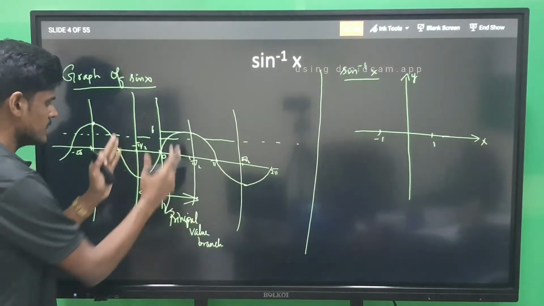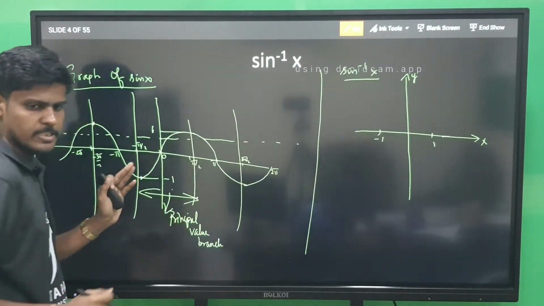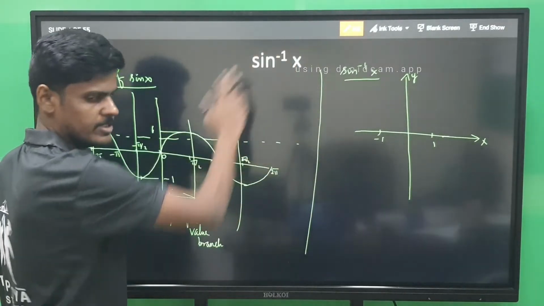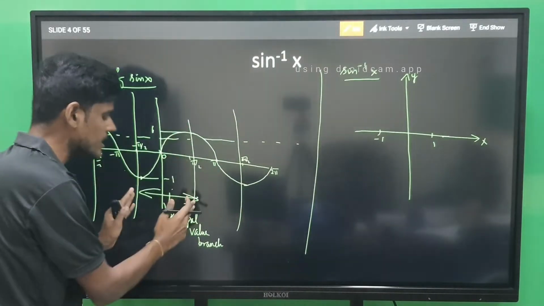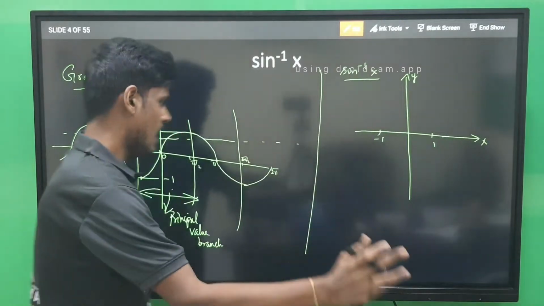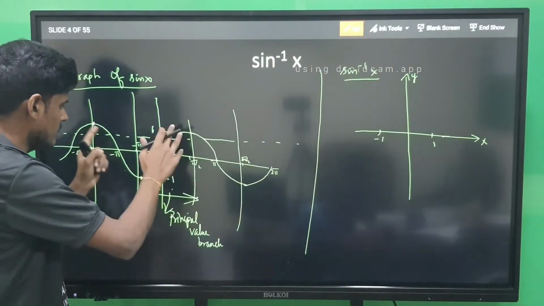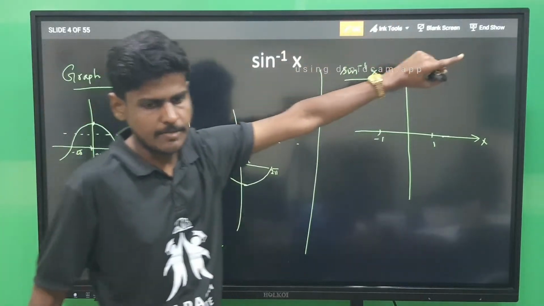Now what we do is take this principal value branch and find the range. Plot this as the range of the inverse function, as the domain of the trigonometric function is the range of the inverse trigonometric function, and we will mark only for this. This does not mean this function does not exist for other values.